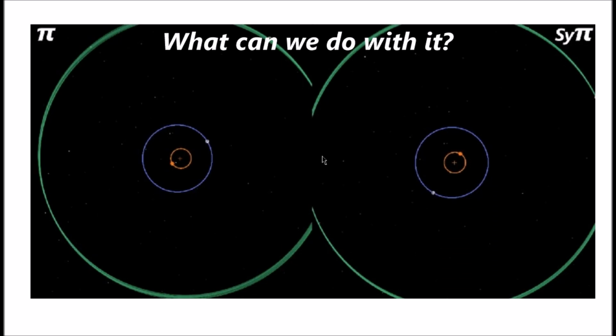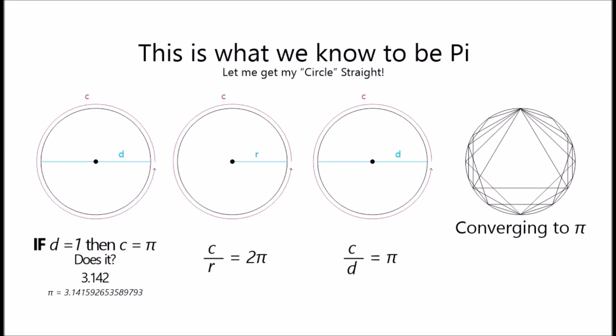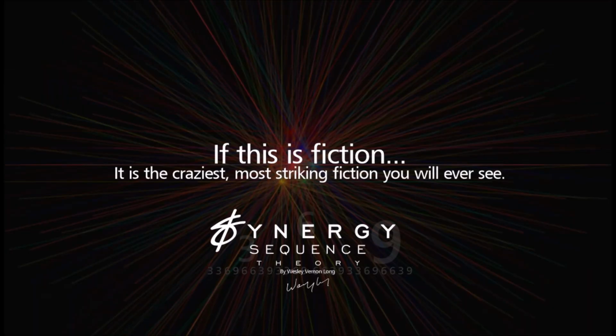We tested it on the 3-body problem, and we get a more centered origin on the Kepler-16 system. From the beginning to the end, it's all very remarkable. And I think what it really says is that, just like this says, if this is fiction, it's the craziest, most striking fiction you will ever see.